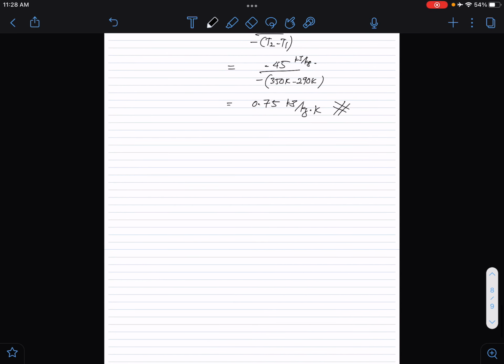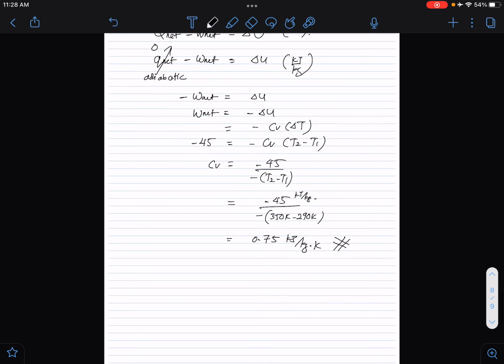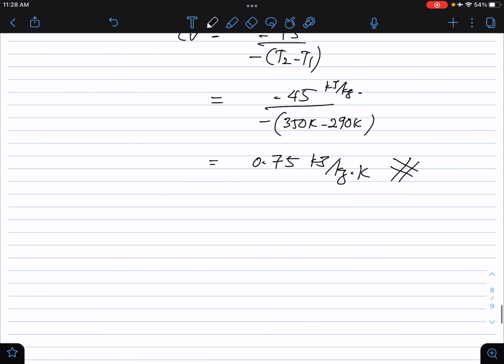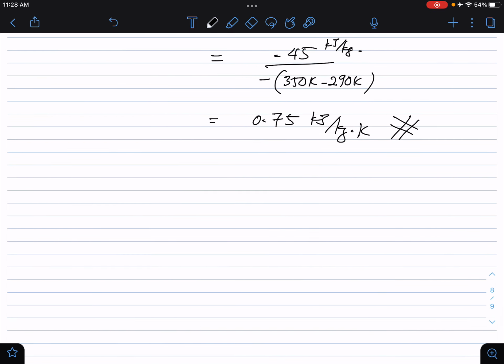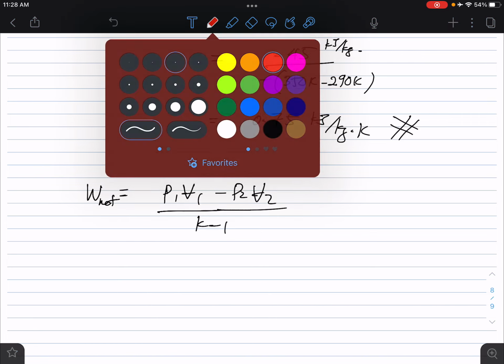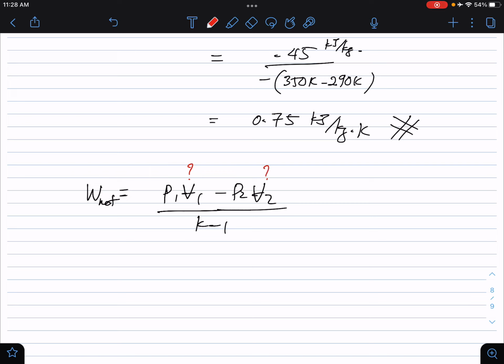Since we already used the equation of the first law, we can also use the equation of the work, W equal to (P1 V1 minus P2 V2) over (k minus 1). But we will end up with a lot of variables, since we do not know V1, V2 and k.